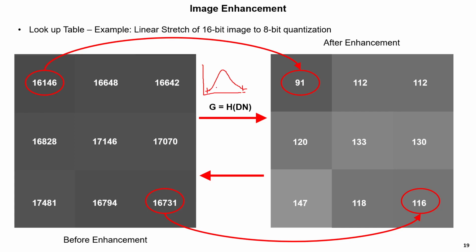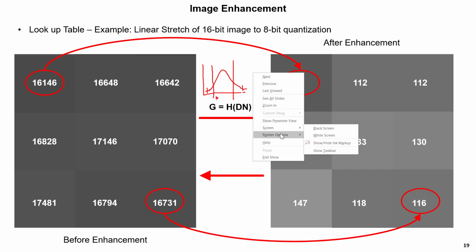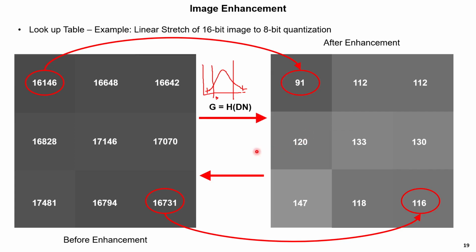I want to cut that because the information is very rich in the middle part of the image. So I want to stretch between these two values, let's say 30,000 to 45,000. So we can also stretch in that way, or we can reduce it to the 0 to 255 range as in this particular slide. So it is entirely dependent on us.